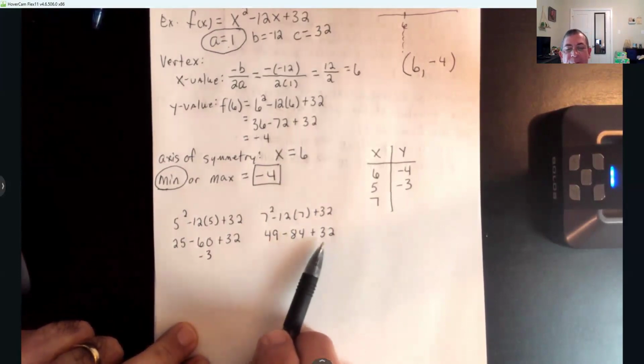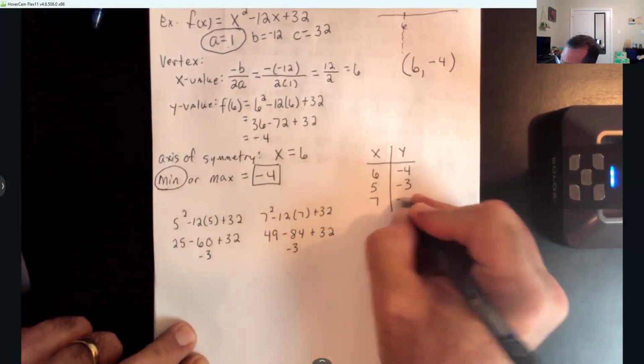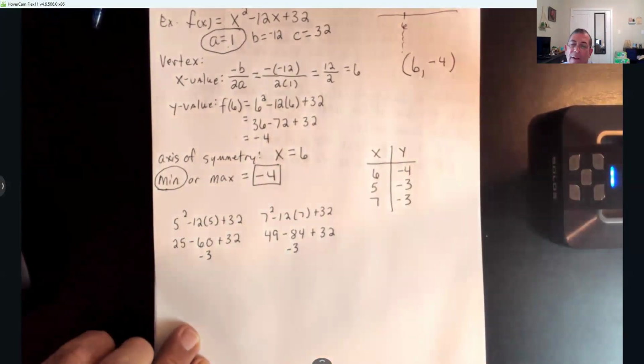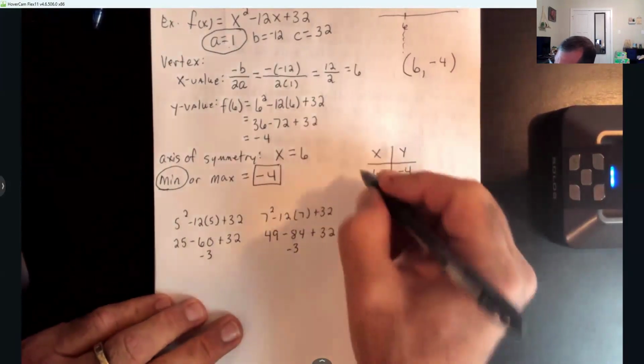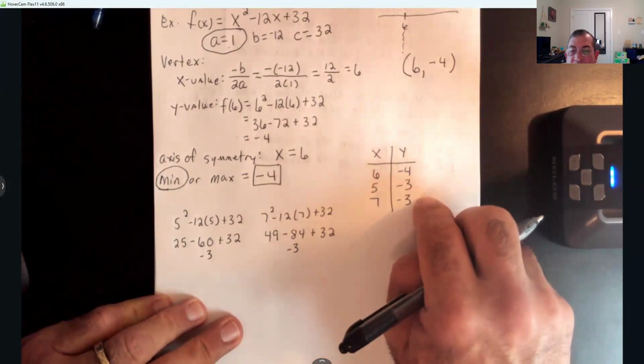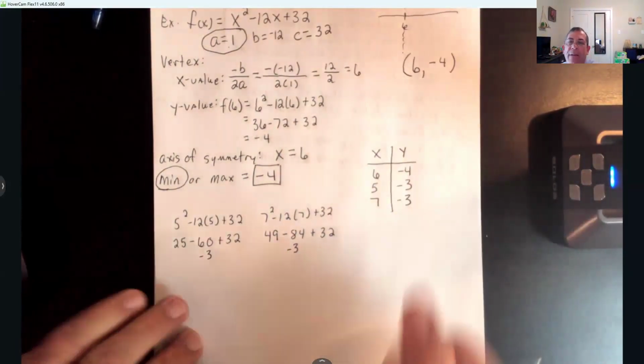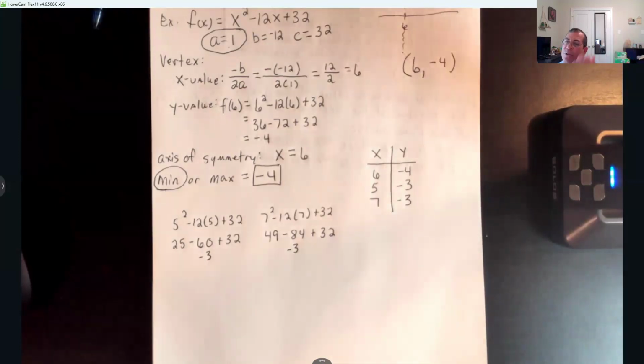Negative 35 plus 32 gives me a negative 3. Okay, so if these were in order, 5, 6, 7, you would see negative 3, negative 4, negative 3. Then the next points would match, and so on, okay? So each side of that parabola is going to sort of reflect the other side.